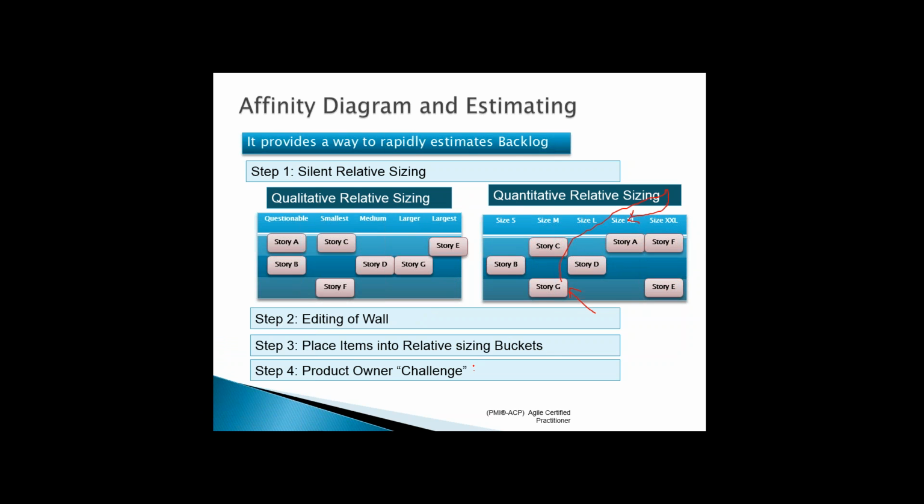And then the product owner will come up with his own explanation on why this particular story G is XL and not medium. So this is the last step which happens. Another step to follow is to get it into an electronic tool if you wish to, or you can maintain it on the whiteboard itself or on your walls basically.